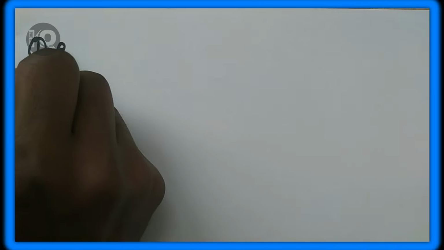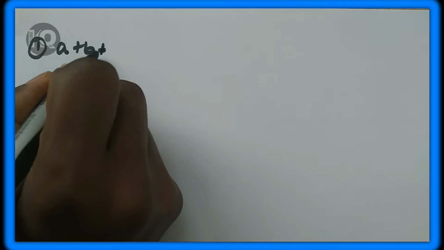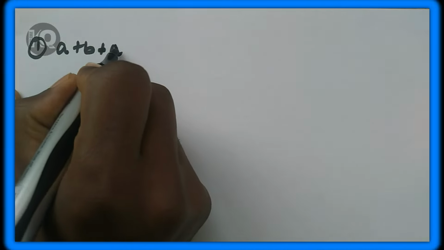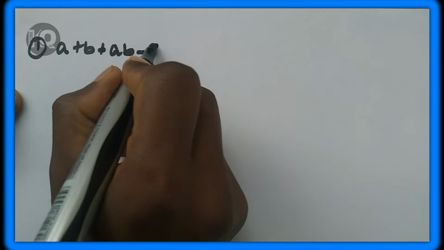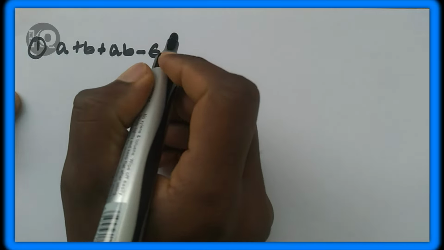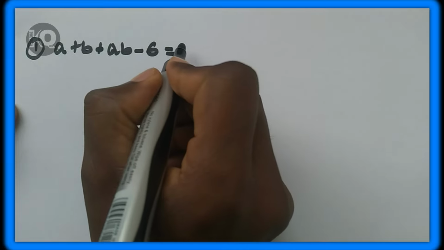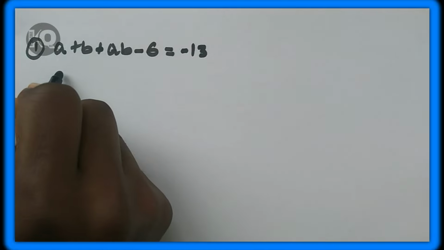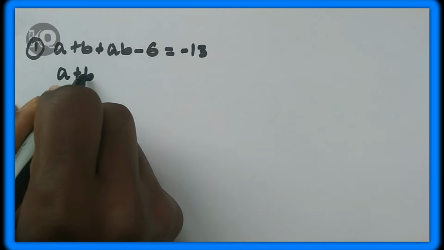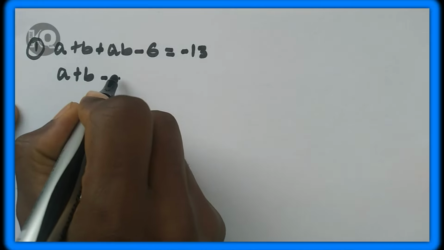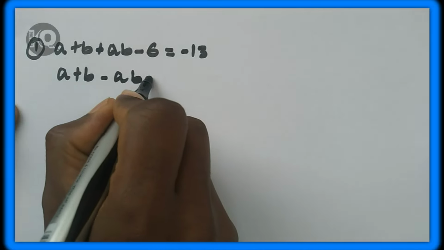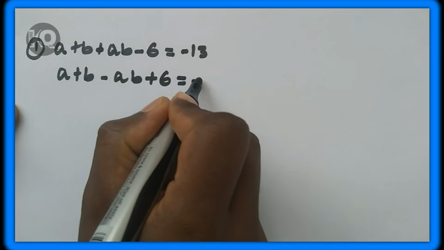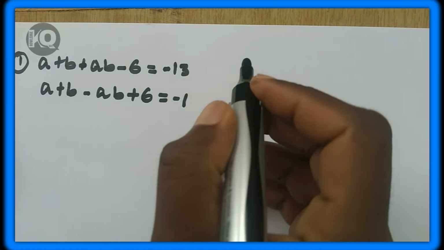So possibility 1 will be a plus b plus ab minus 6 is equal to minus 13, and a plus b minus ab plus 6 is equal to minus 1.